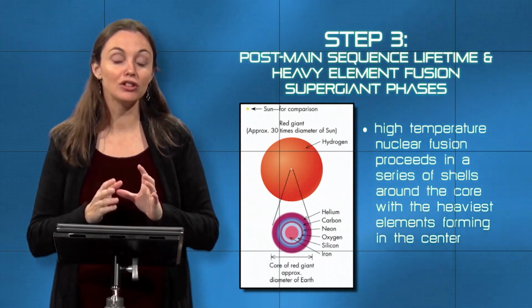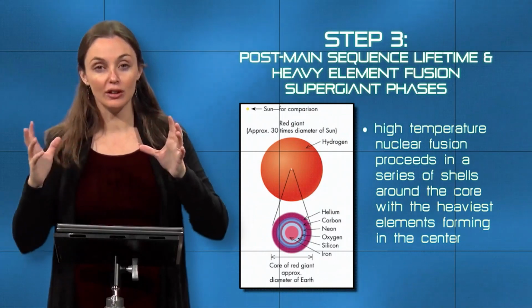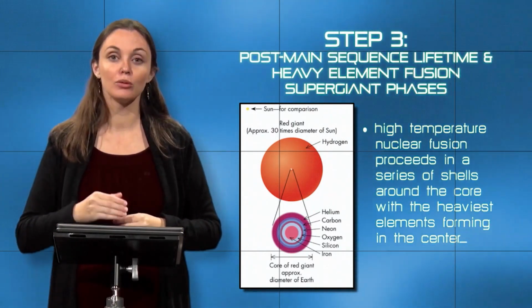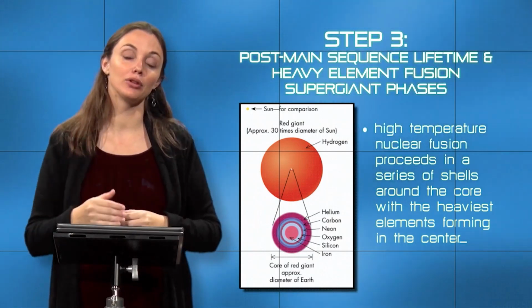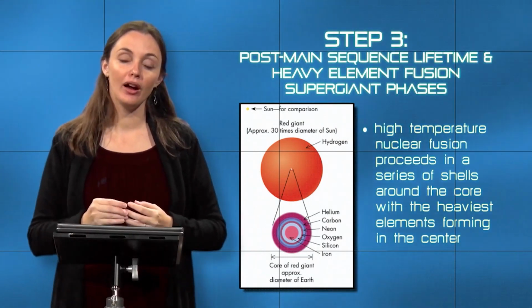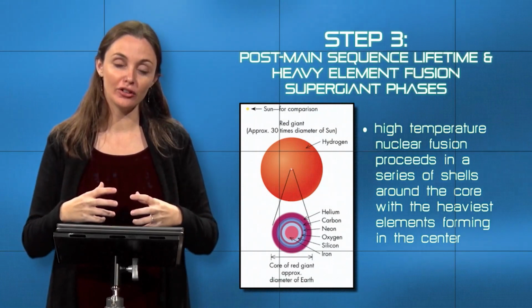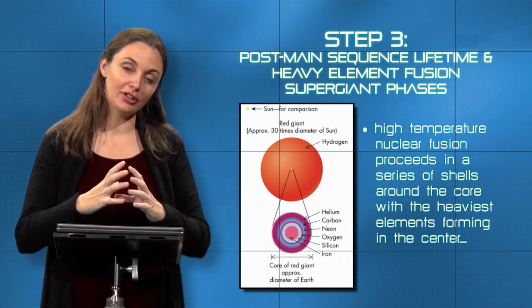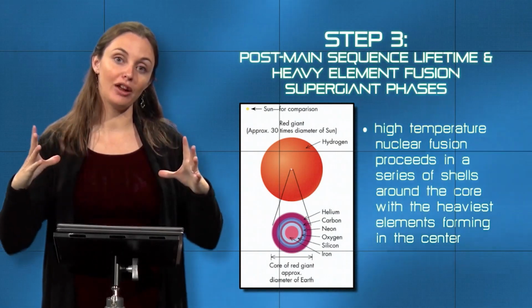You might have a buildup of silicon, and then sulfur, and then subsequently lighter and lighter until you get all the way up to the surface. We have carbon and then finally helium produced. So you have these nested shells of subsequently heavier and heavier elements as you go in, lighter and lighter elements as you go from inwards out.